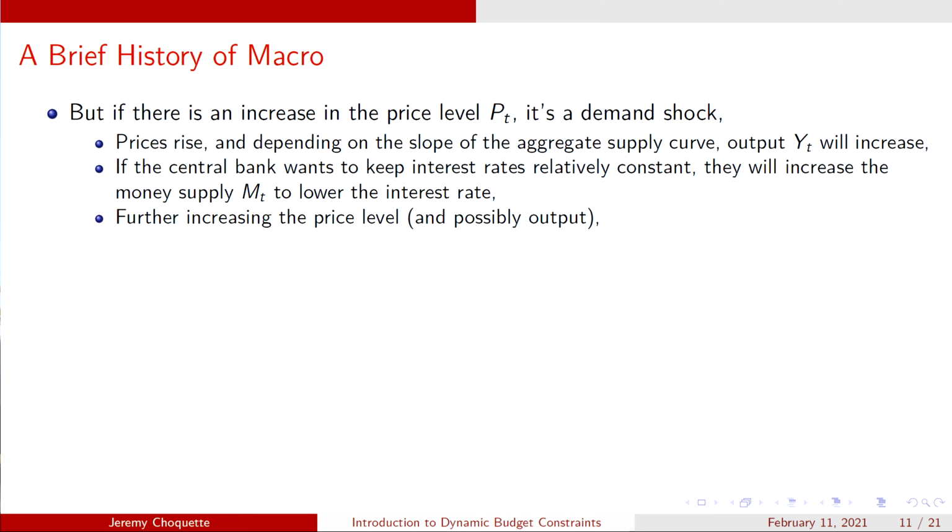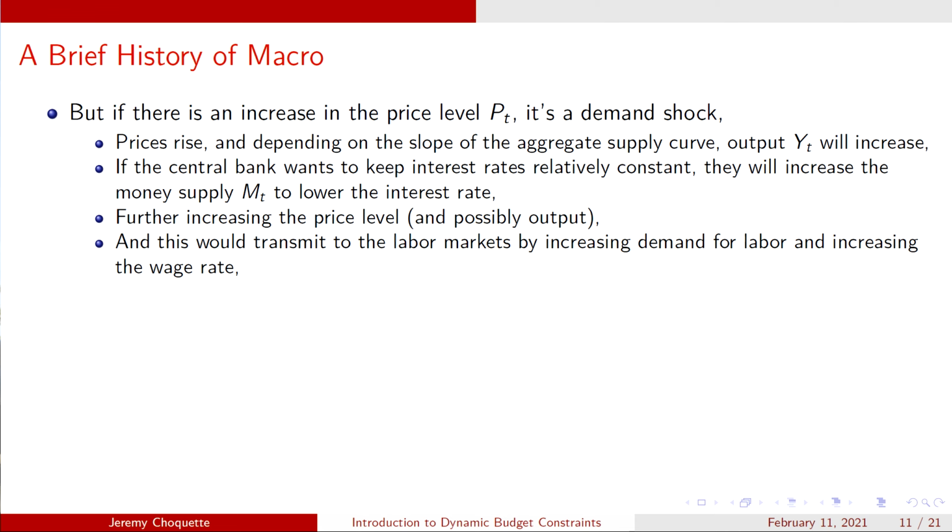And this would transmit to the labor markets by increasing demand for labor and increasing the wage rate. But chances are this won't be as large, nor as long-lasting, as the supply-side shock. And we'll get into why that is much later in the course. But it's definitely not as long-lasting.